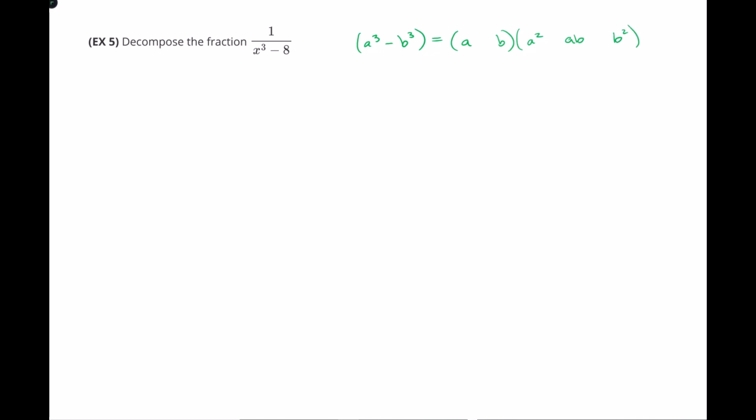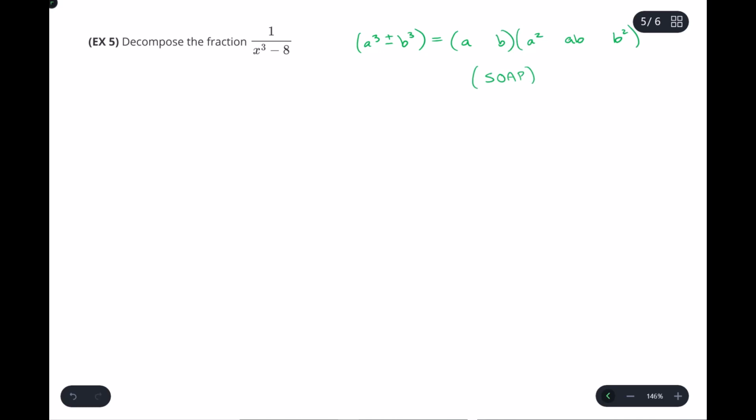Now, generally, students will recall at least this much of the structure, but then it's a little bit tricky to remember what the different signs involved are. So the thing is, for the difference of cubes or the sum of cubes, whichever one you have here, you can remember this through the mnemonic SOAP, not SAP, but SOAP.